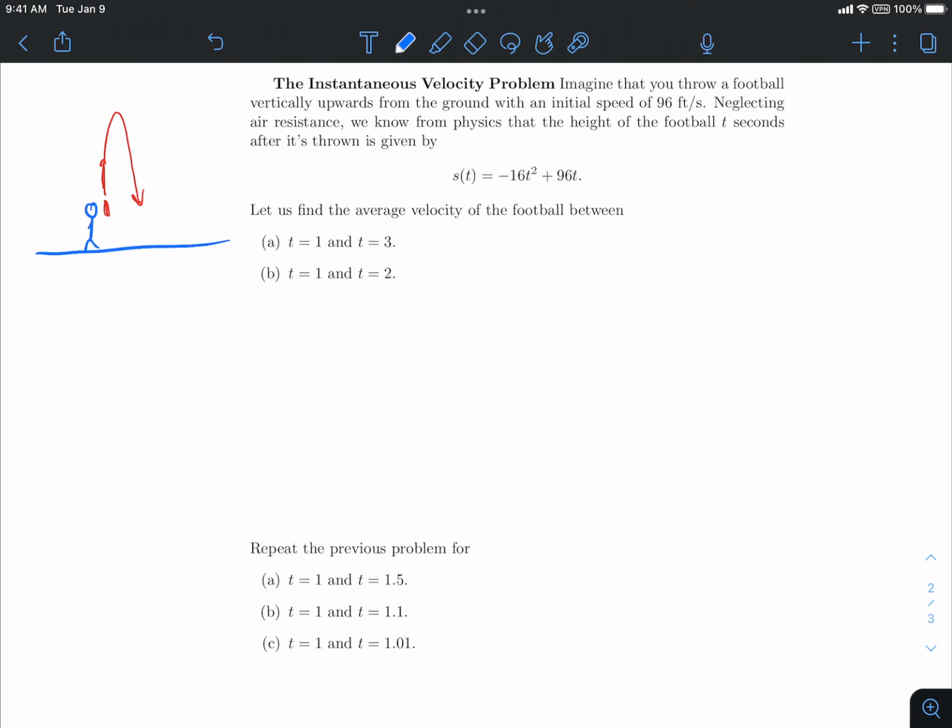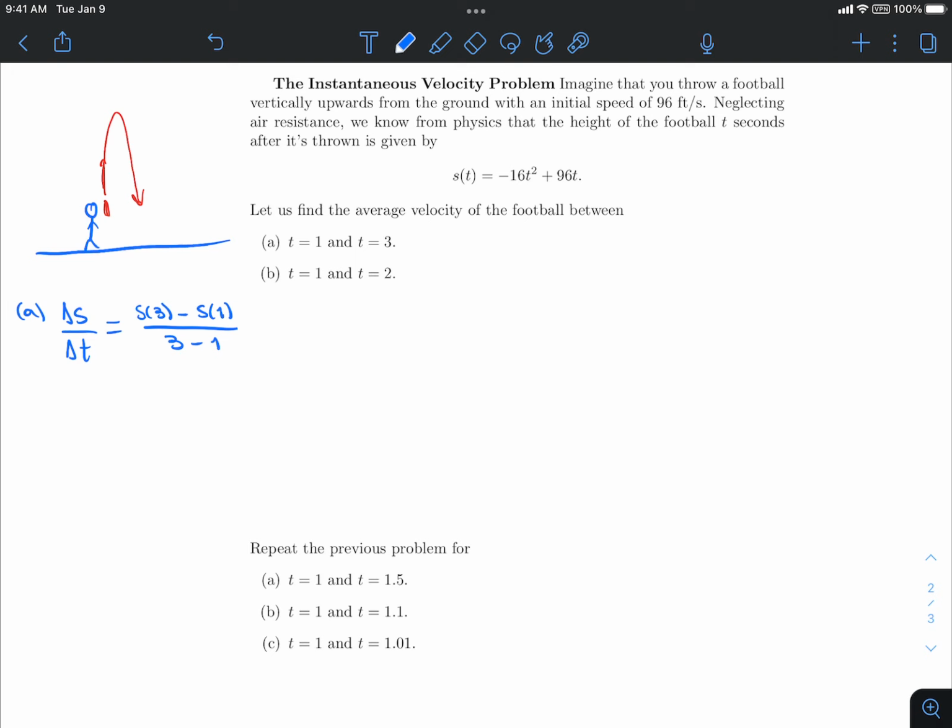So we do that by saying the average velocity will be the change in distance, the change in space over the change in time. So that will be s of 3 minus s of 1 over 3 minus 1.